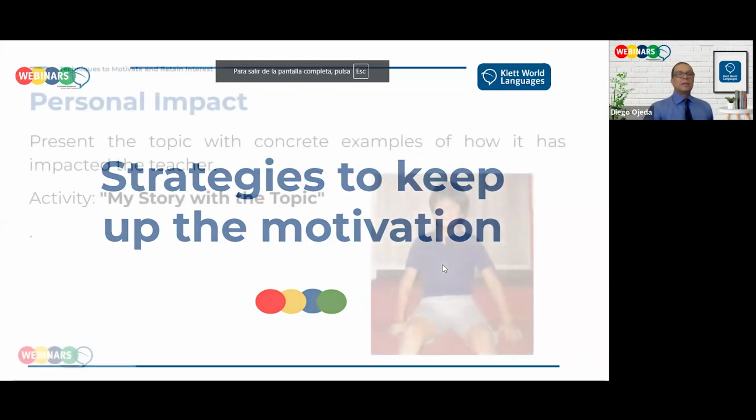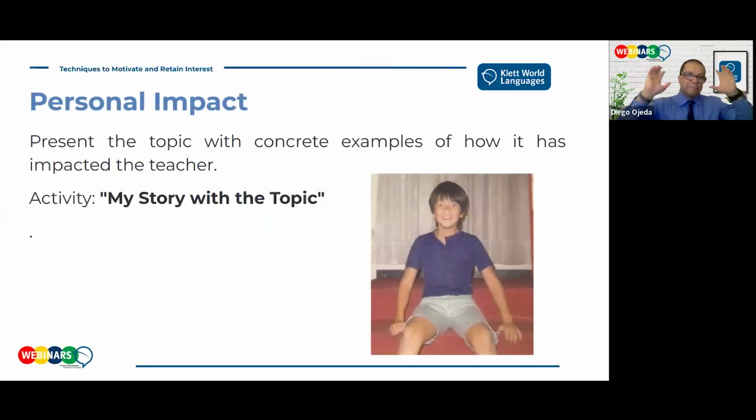Okay, strategies to keep up the motivation. First, personal impact. And yes, that is me. This is when I used to have hair. So I was very young here. But what I'm trying to say here is that before coming up with a project, with a topic, it is very important that you show them how you connect with that particular topic.